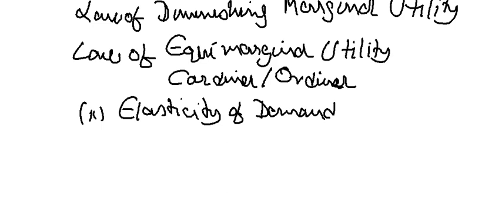Then we have to know the types of elasticity of demand, measurement of elasticity of demand, and then factors which are affecting elasticity of demand. The syllabus says that various methods of measurement of elasticity of demand you have to know, like point method, percentage method, expenditure method, and geometric methods.